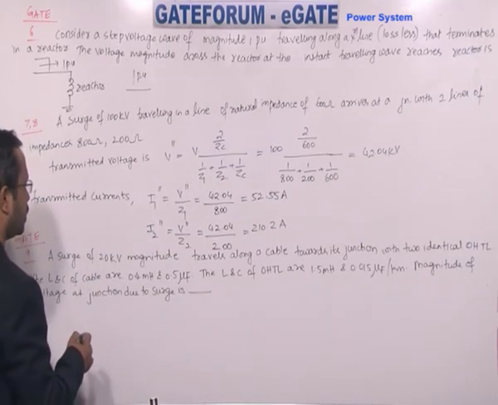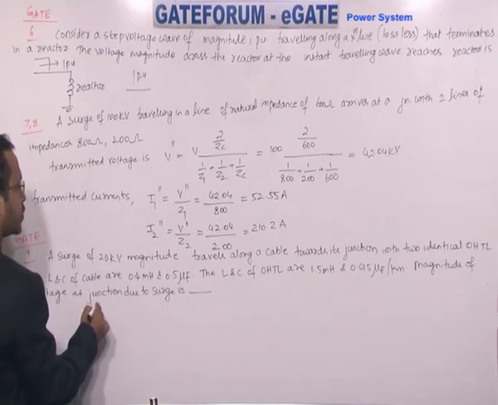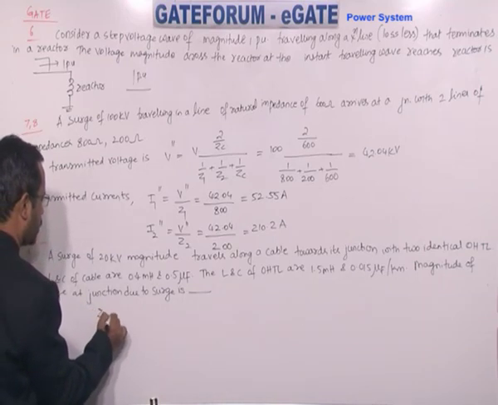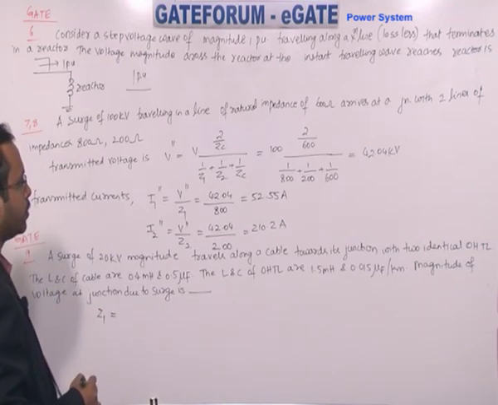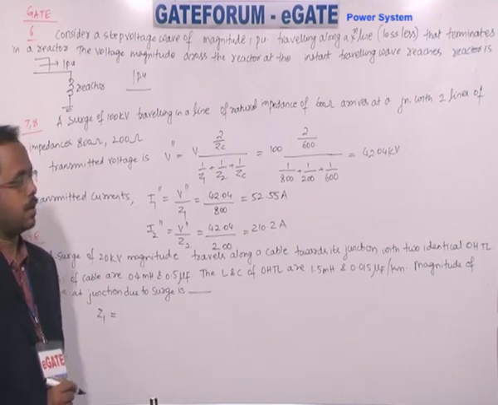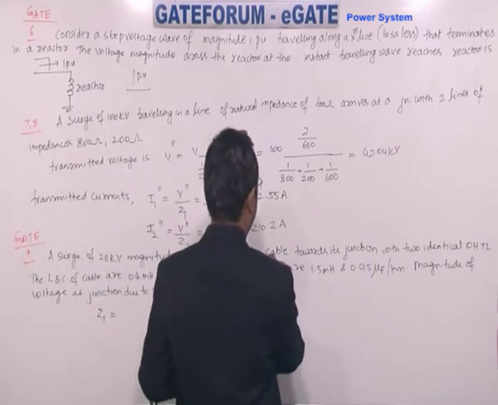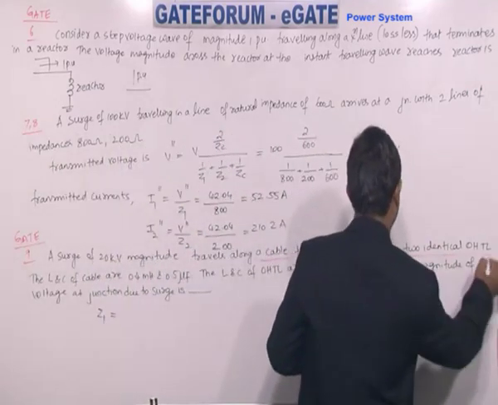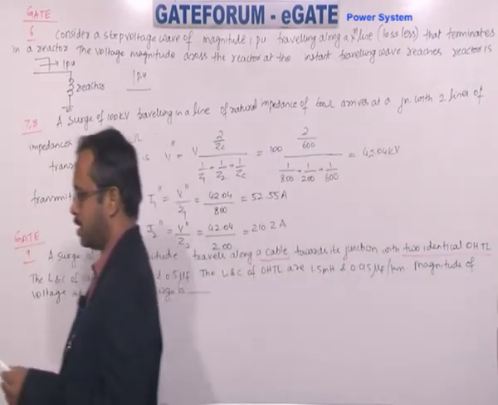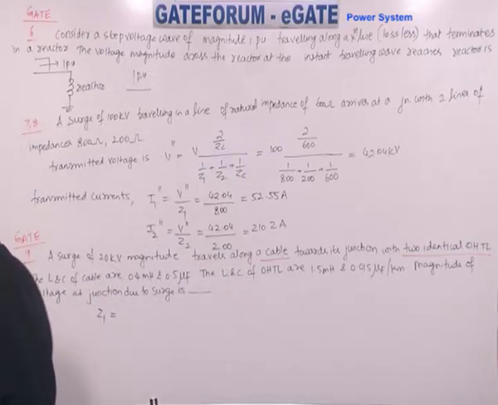Formula is the same. But first you calculate what is Z1 and further Z2. But observe, in the question it is given first cable and followed by two identical transmission lines. So how do you modify our formula?